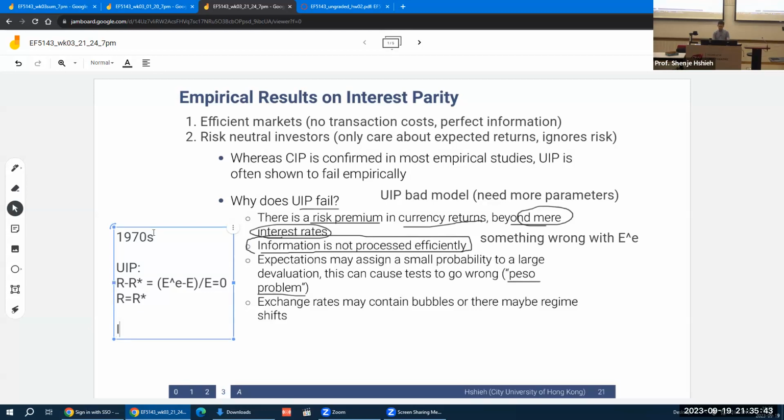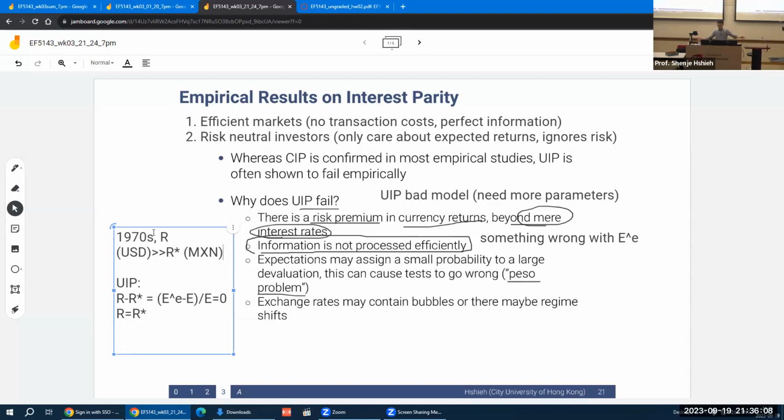But in the 1970s, we observed that R was very much different from R star. This is USD, and this is the Mexican peso, MXN, which doesn't make any sense.